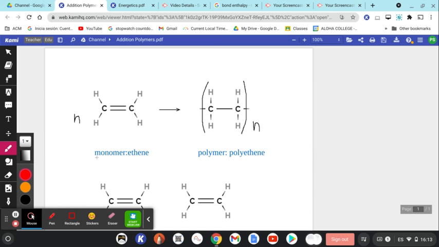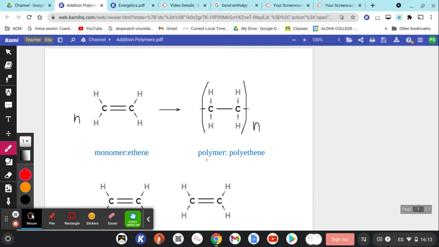Okay, now some keywords here. We've got the word monomer, okay, and polymer. Monomer means one part. So the polymer is made up of many monomers, in this case, many ethenes bonded together. This is why we've got an n, because you can have a large range of numbers, so thousands of ethenes bonded together.